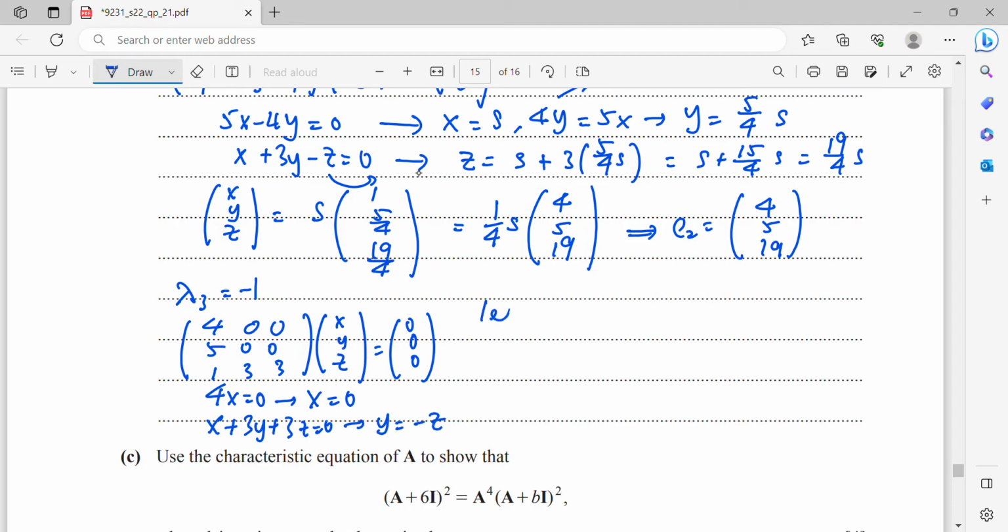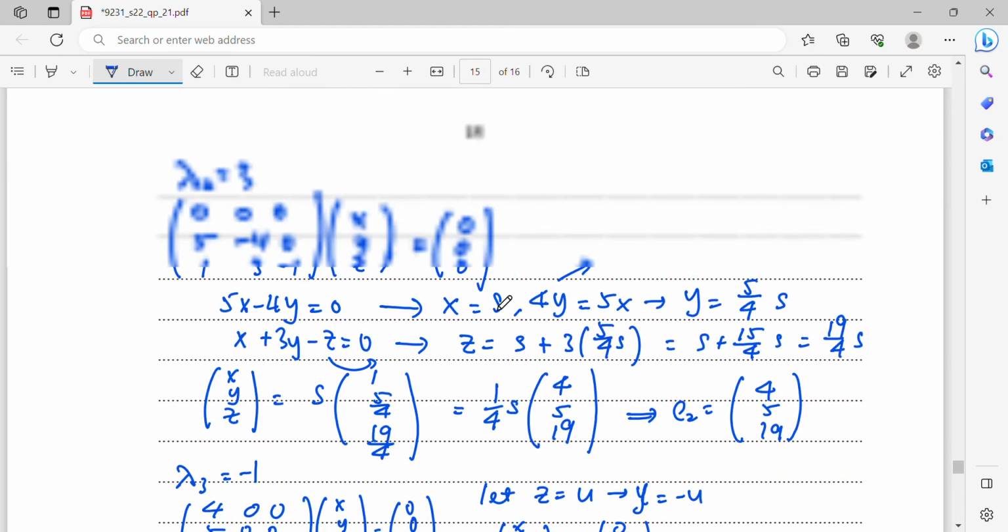Now I will let my z be u. Therefore, my y is minus u. So now my solution, you may factorize the u, so your x is 0, your y is minus u, your z is u. Therefore, my third eigenvector is 0, minus 1, 1.